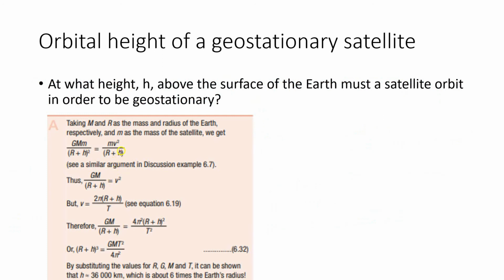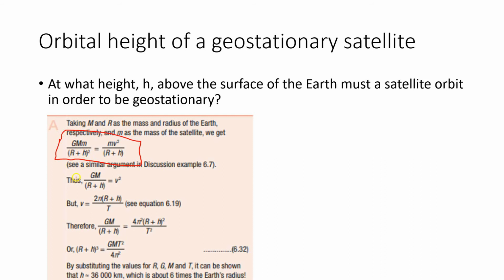If we ever want to find the height at which the geostationary satellite must be positioned above the Earth's surface, we could take into consideration this equation here, right? And then you would just solve for h, make h become the subject, right?